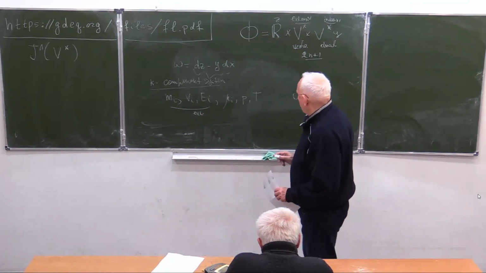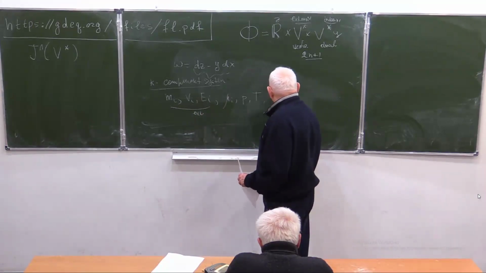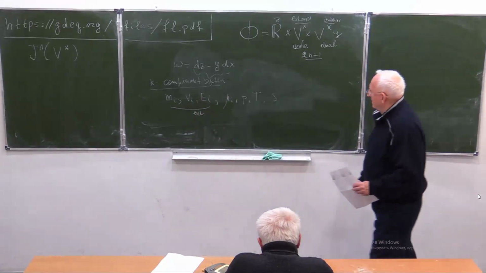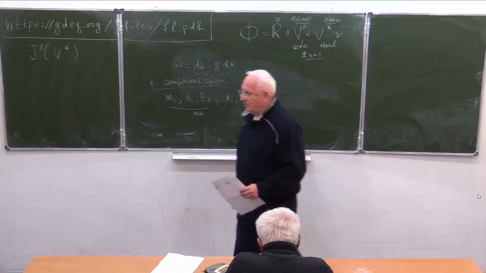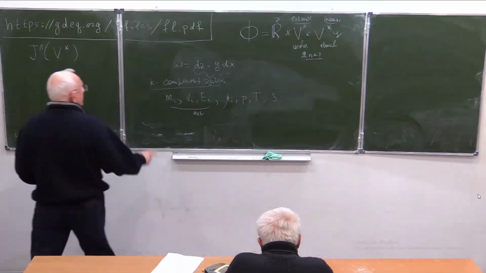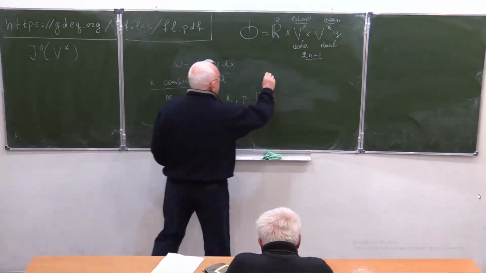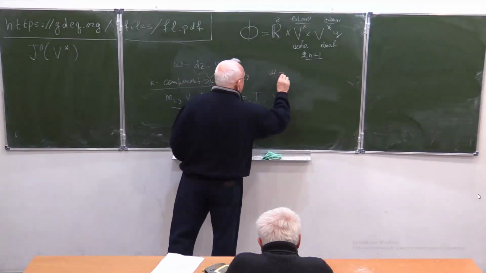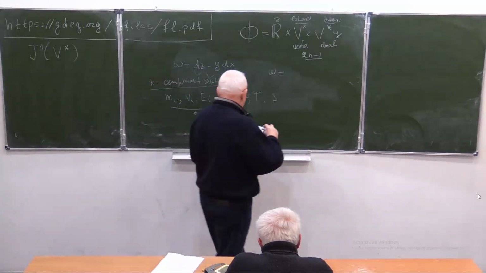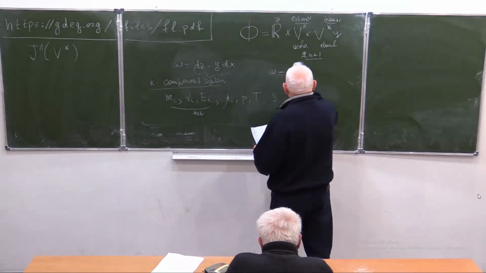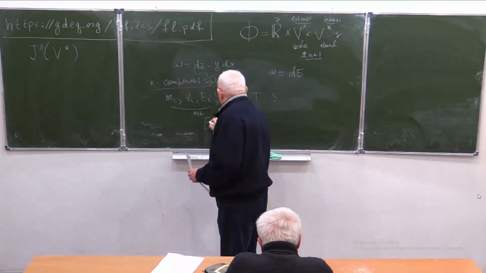Also we will use a very horrible letter S. It stands for entropy, or the information gain that it gives in this theory. So this form was found by Gibbs, and it has the following form. It's differential.